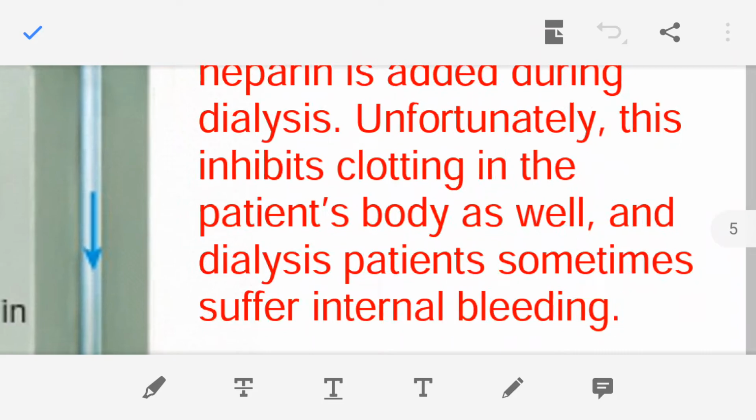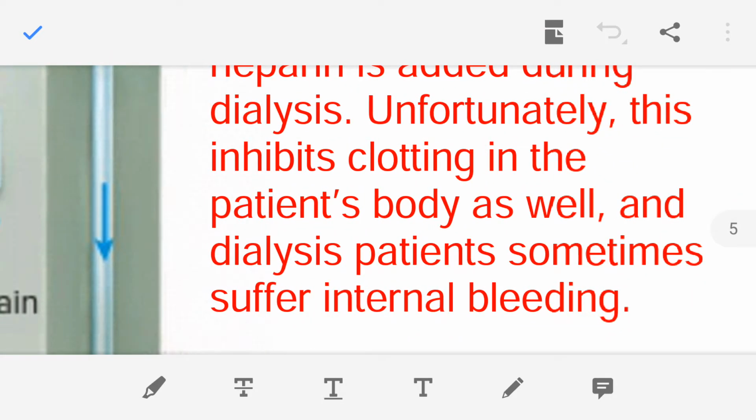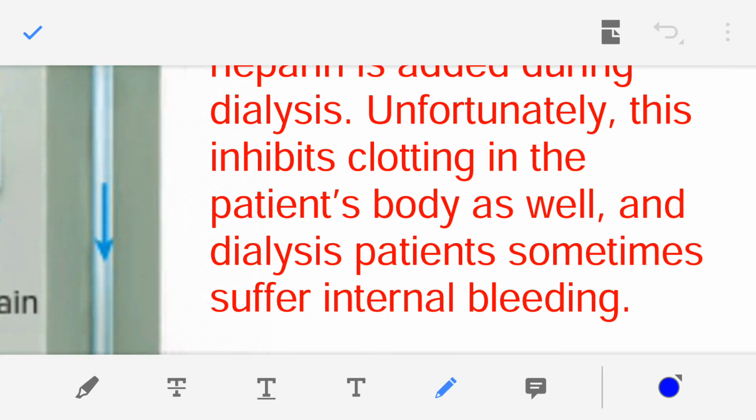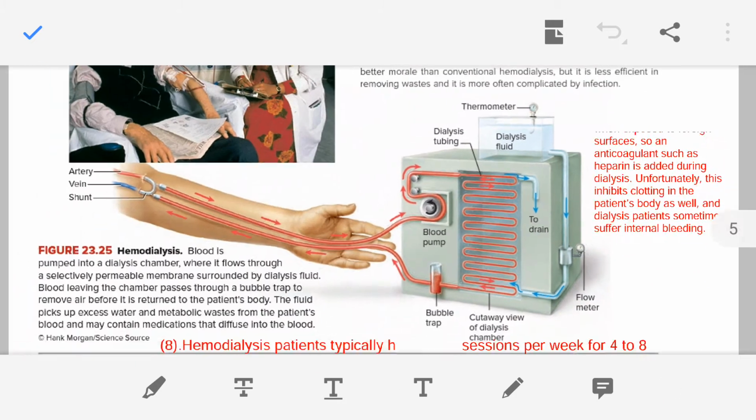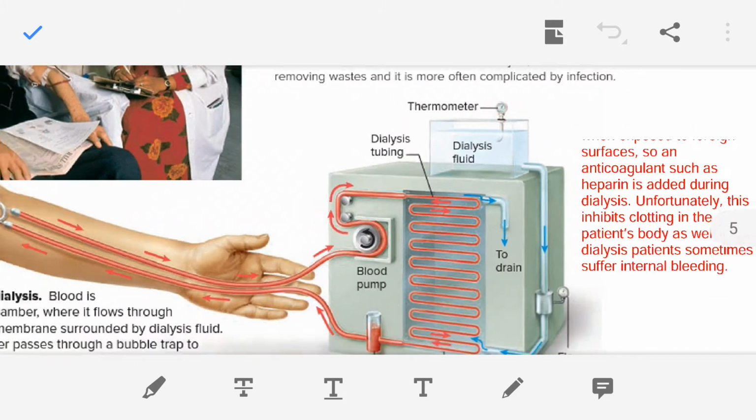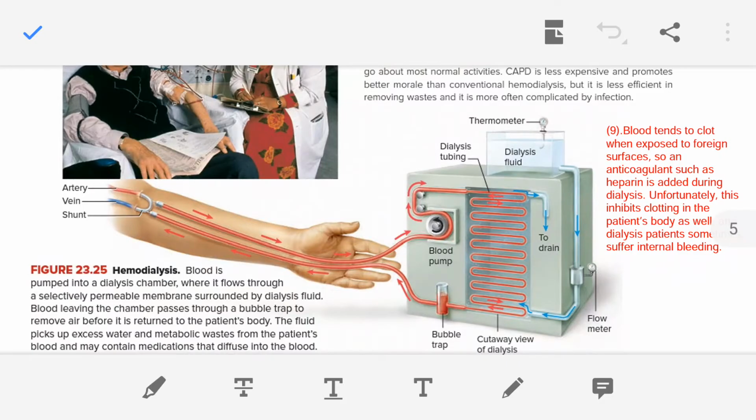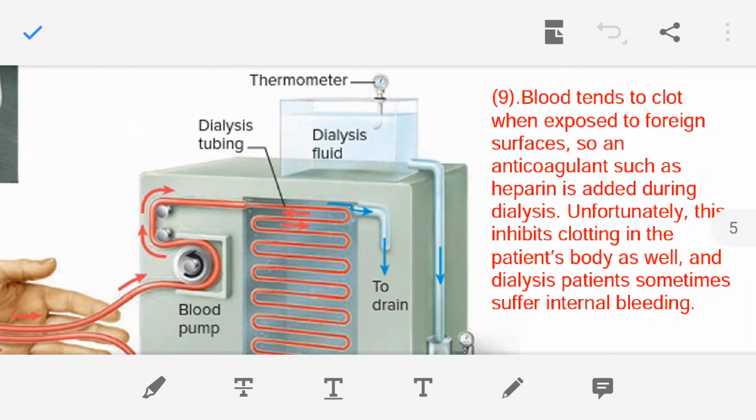Now when this blood which has heparin is introduced in the patient's body, some complication may occur. The patient may suffer from internal bleeding. So this was the ninth point of our discussion.